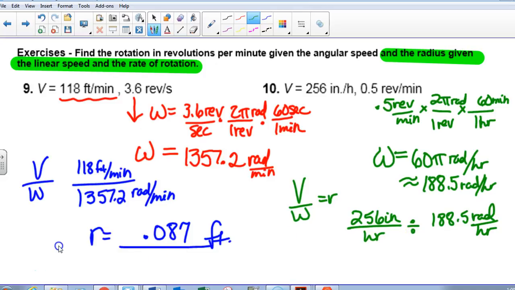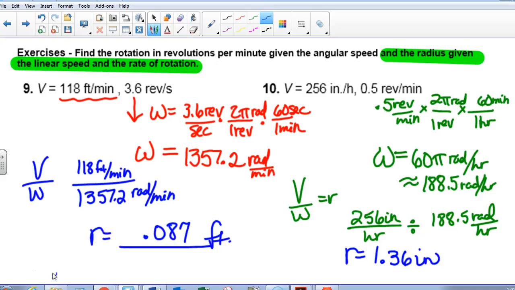Don't forget that was dividing. I don't know why I wrote it that way, but I did. Anybody get an answer? Perfect. Somewhere around 1.36 inches. Good job. I heard somebody. Make sure we get that label in there.